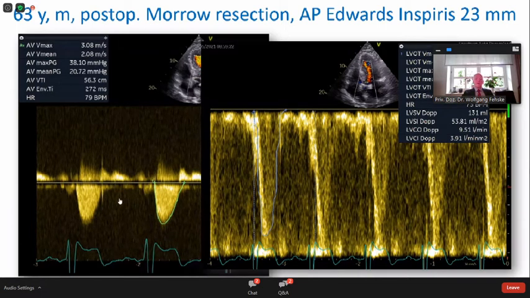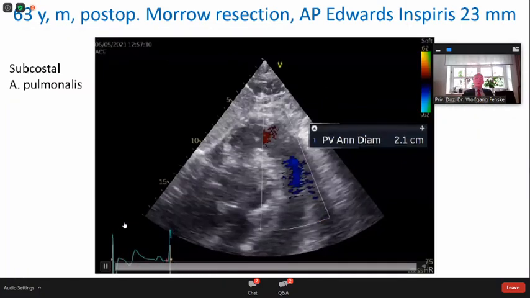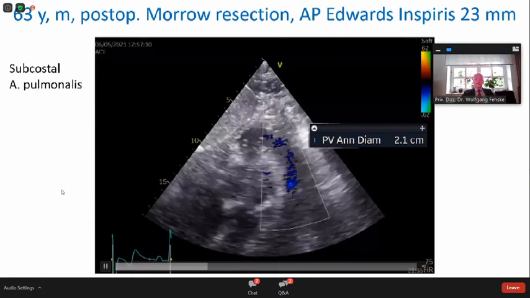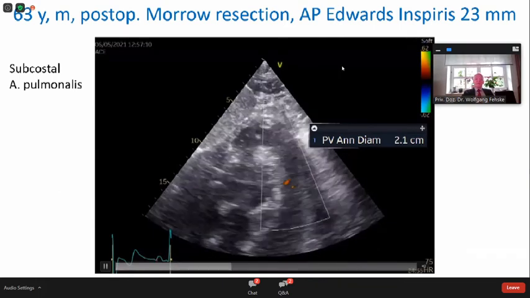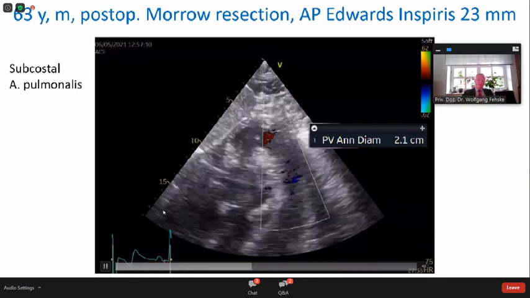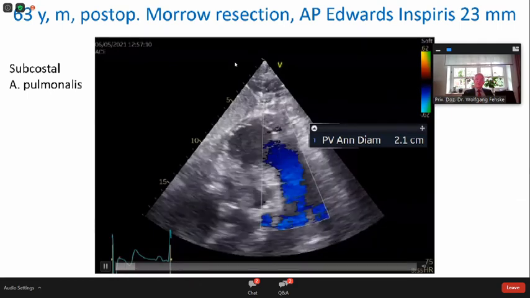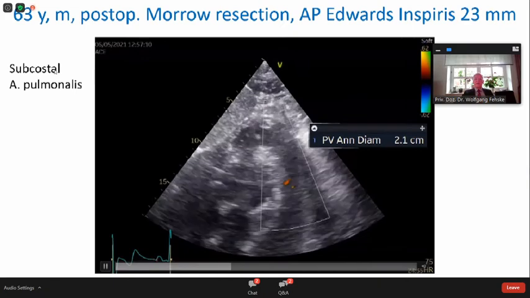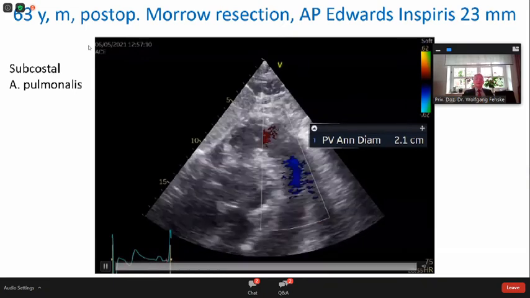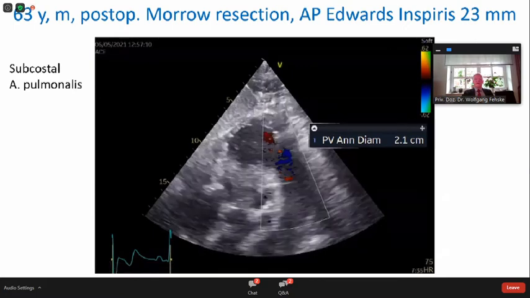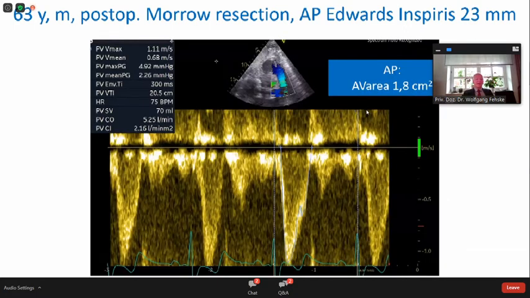What you can also do if you want to have the true stroke volume in these patients, and this is my topic of the talk, you have the pulmonary valve, which in some patients can be perfectly investigated from the subcostal view, and the problem there is to measure the diameter. In this case, it is 2.1 centimeters, guessed, and then you can calculate the aortic valve area by the same method as we did before with the subvalvular area.